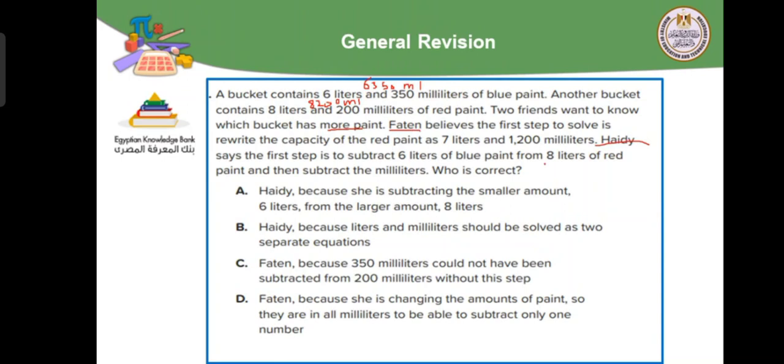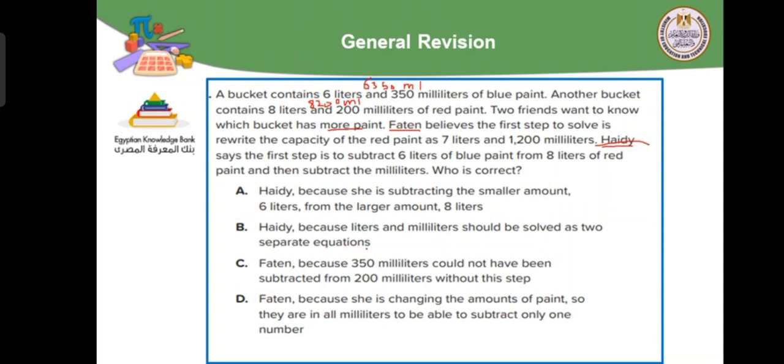Heidi says what? The first step is to subtract 6 liters of blue paint from 8 liters of red paint. Then subtract the milliliters. Who is correct? Heidi, because she is subtracting the smaller amount, 6 liters, from the larger amount, 8 liters. Heidi, because liters and milliliters should be solved as two separate equations.